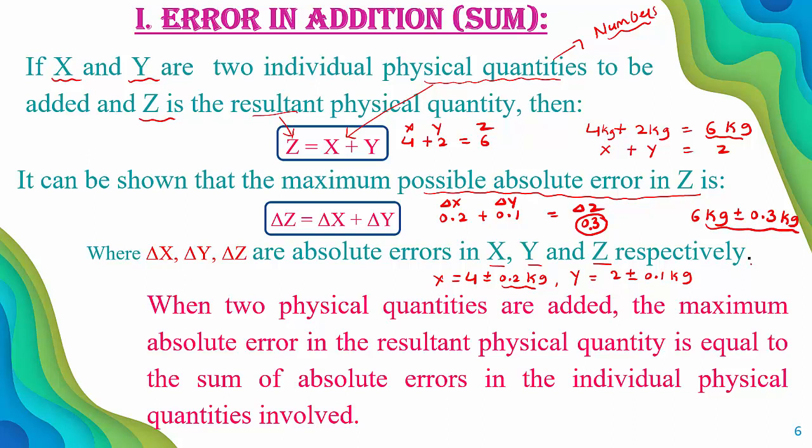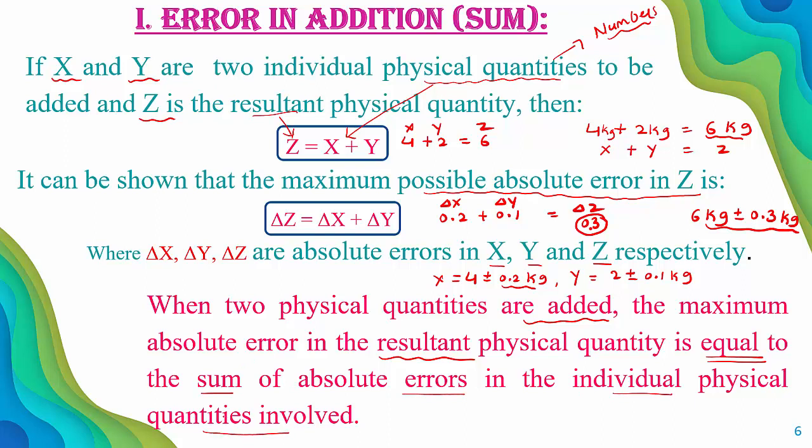Here delta x, delta y and delta z are absolute errors in x, y and z respectively. When two physical quantities are added, the maximum absolute error in the resultant physical quantity is equal to the sum of absolute errors in the individual physical quantities involved.